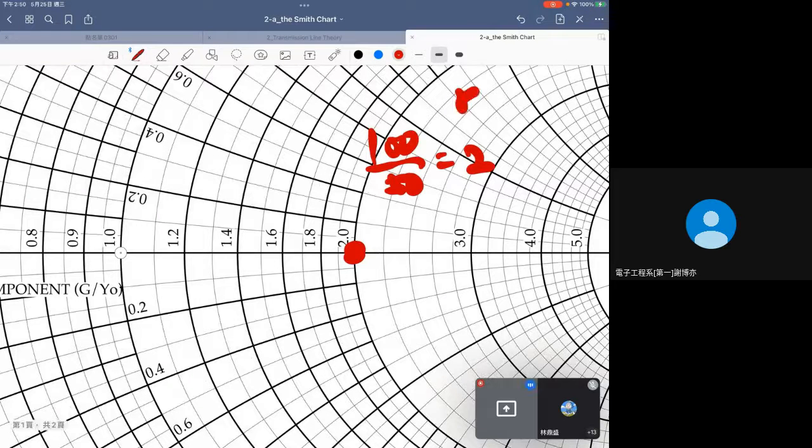This is RL and the XL equals 0. So just one point.